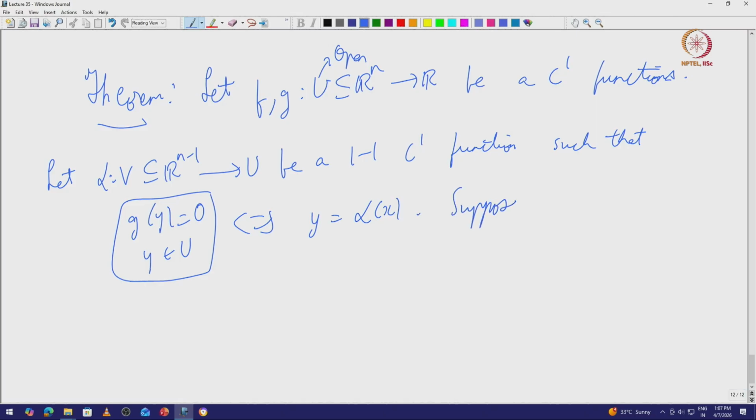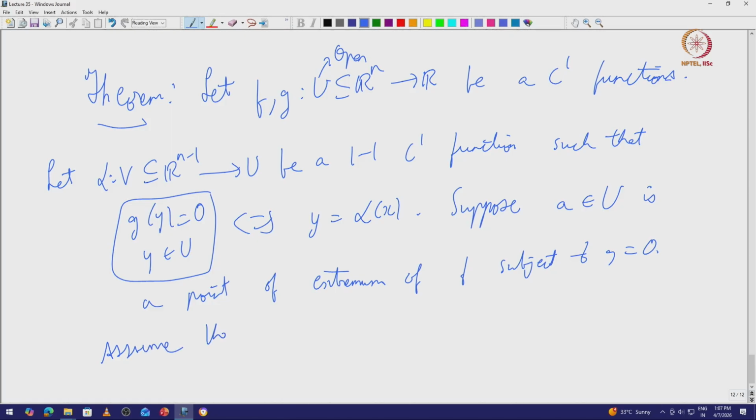Suppose A is a point of extremum of f subject to g equals 0. Assume that the derivative of this function alpha, from R^(n-1) to R^n, at the point alpha inverse of A is an injective linear map.